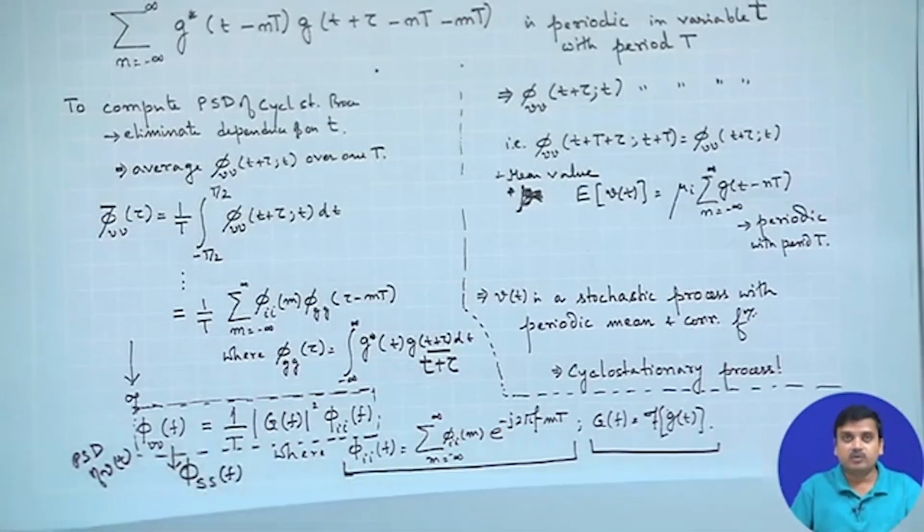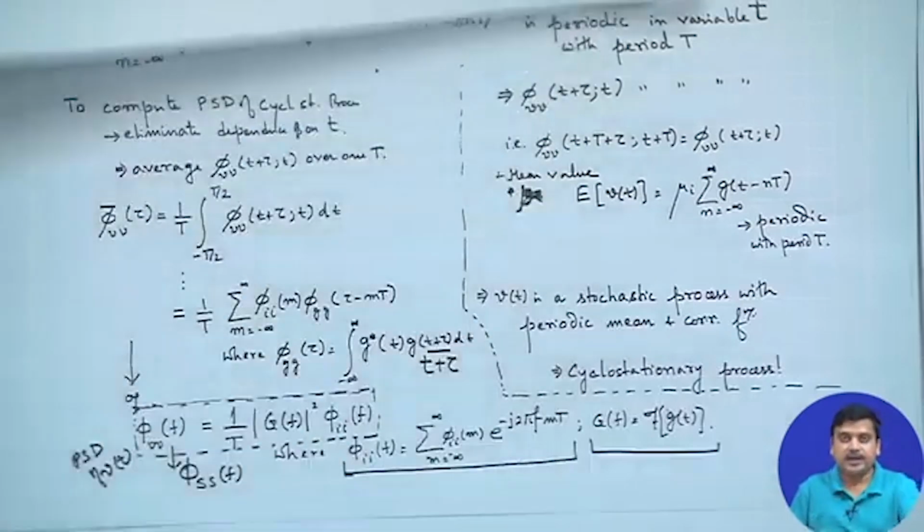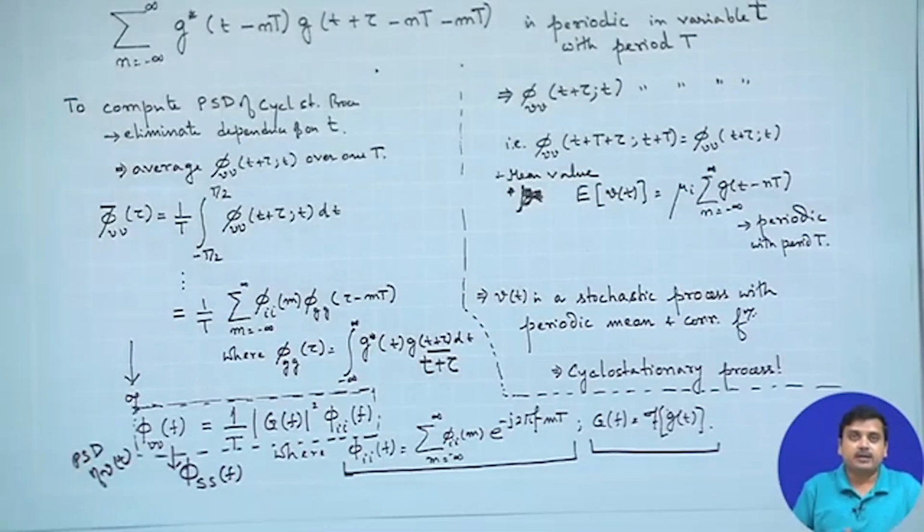So, we would like to conclude this particular lecture here, and summarize that where we have arrived at the end of this discussion is the relationship which connects the power spectral density of the low pass equivalent signal to that of the pulse shape and the information bearing signal, which in turn means that if I have to control the characteristics of the outgoing signal, I can either control the pulse shape or the spectral characteristics of the pulse, or I can do something with the information bearing signal. Thank you.